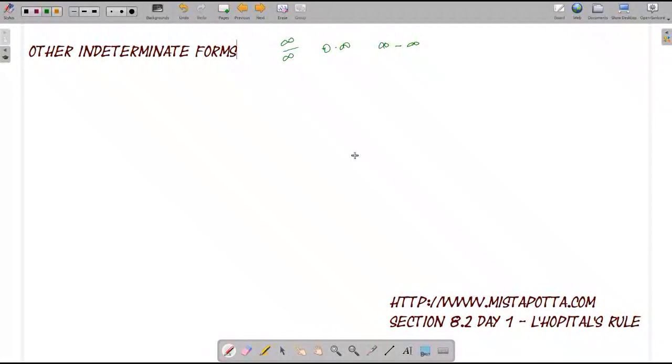So all of these are what we call indeterminate forms. And so I wanted to talk about these indeterminate forms. I wanted to go through a couple of examples. So I'm going to start by going over an example of this infinite over infinite.